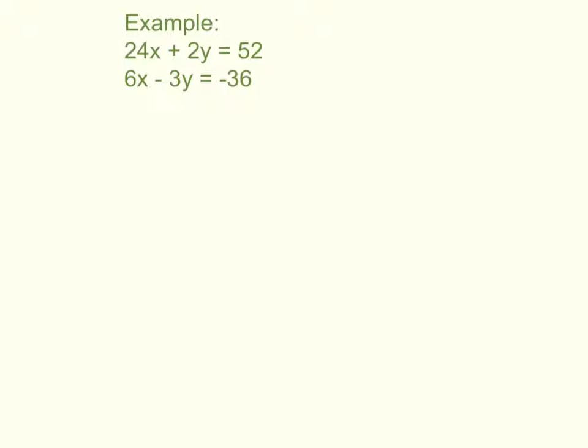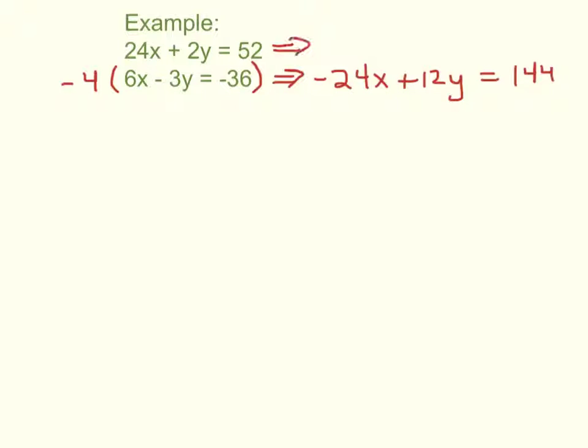It's up to you how you want to do it, but I'm going to go ahead and just multiply this whole equation by negative 4, so that I can get this to become a negative 24. So multiply this by negative 4, and it's going to become negative 24x plus 12y equals 144. And my top equation is just going to stay the same, but I'm just going to rewrite it over here so that I keep everything organized and easy to follow.